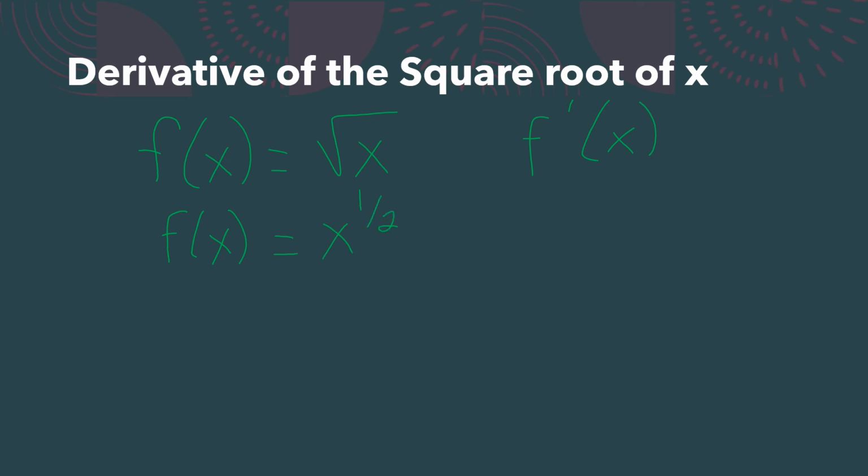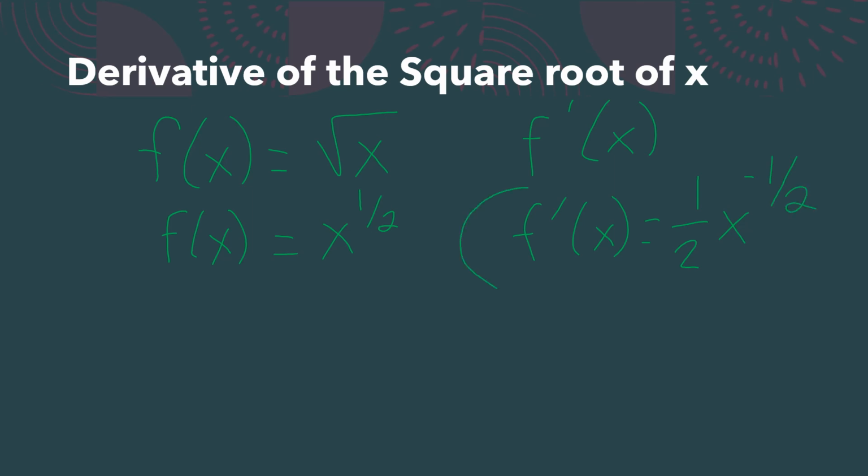If you remember from last year, the square root of x is the same thing as x to the 1/2. And so now that we have it written as a power function, we can go ahead and use the power rule, and f prime of x will be 1/2 times x to the negative 1/2.